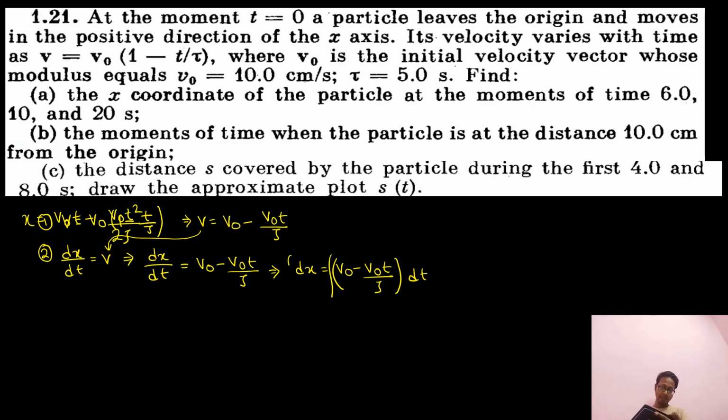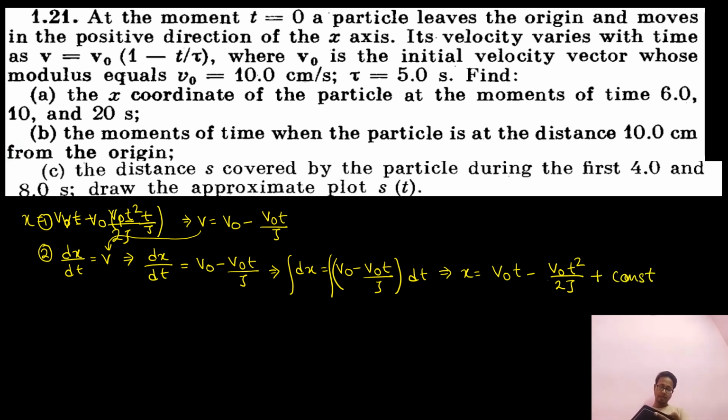If we integrate this entire thing, we get the equation of displacement. So x is equal to v naught t minus v naught t square by 2 tau plus some constant.